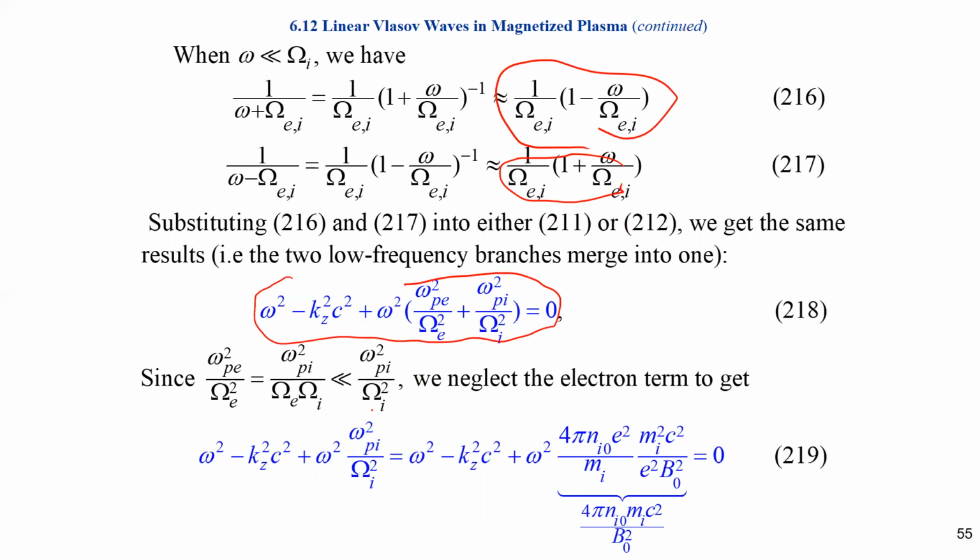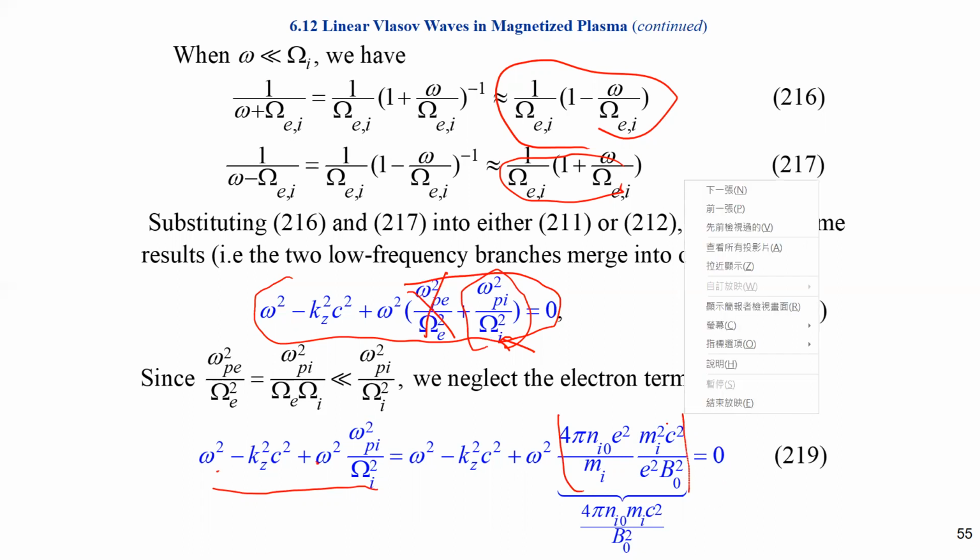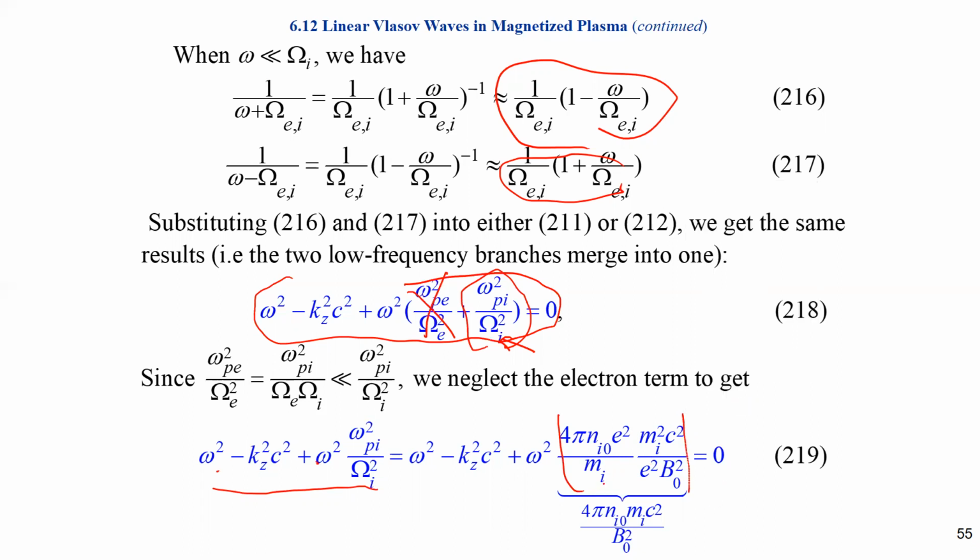Okay, but here, because this one is relatively small, these terms will be much more important than this term. We can drop these terms. We can neglect the electron terms and get this one. As you can see here, Mi cancels with this one. Therefore, we have Ni0, Mi here.